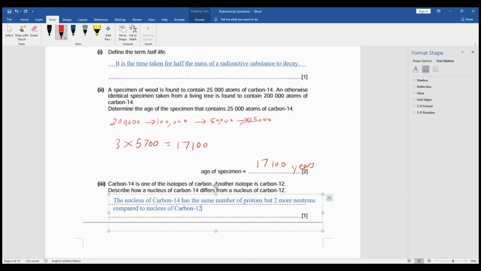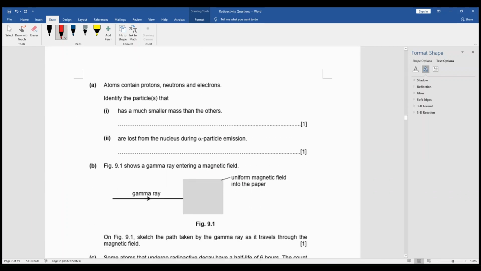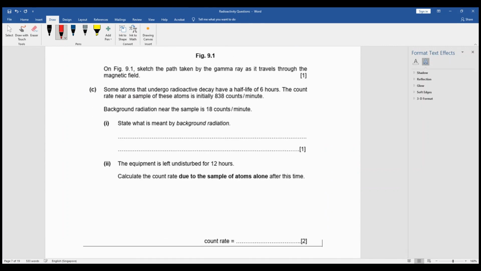Okay, next question. Atoms contain proton, neutron, and electron. Identify the particle that has a much smaller mass. Okay, I hope you remember. It's your electron.